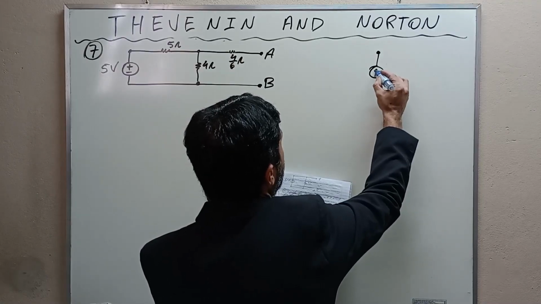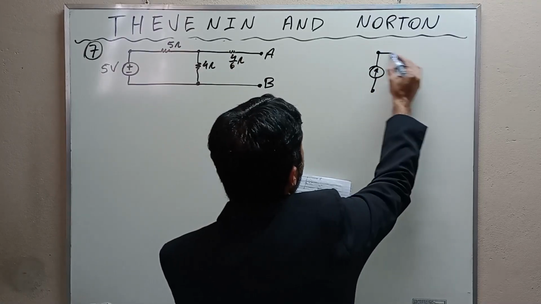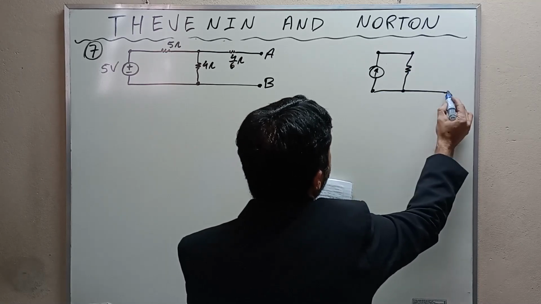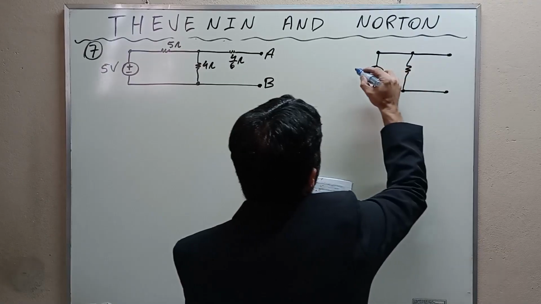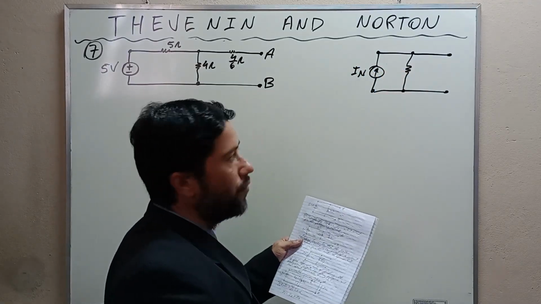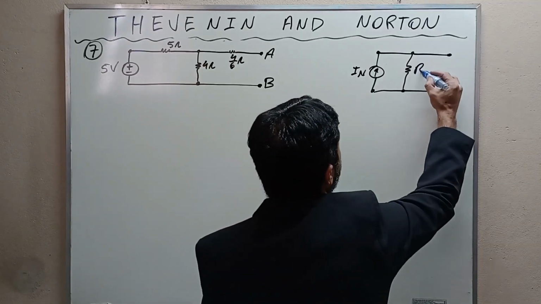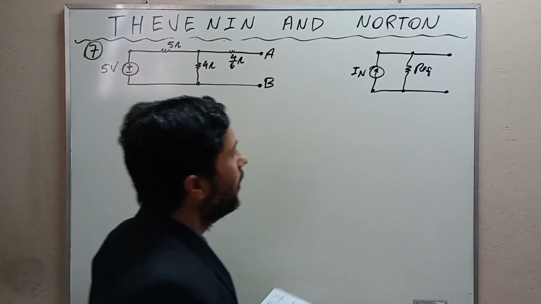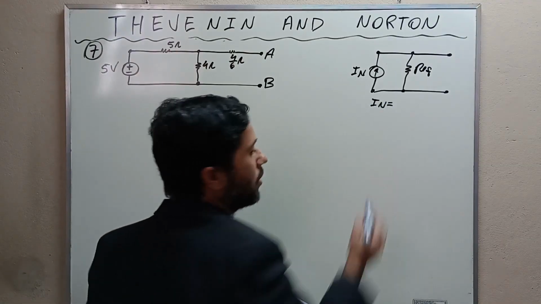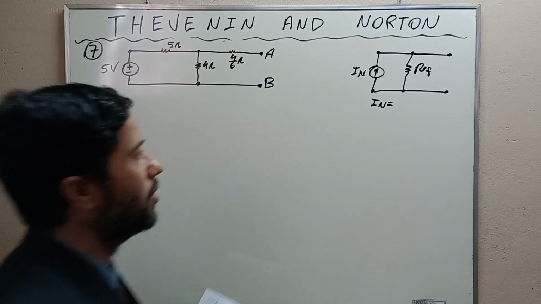There will be a current source here and a resistance, and this is the current of the Norton equivalent circuit, and this is the equivalent resistance. And observe that the Norton current is the short circuit current.